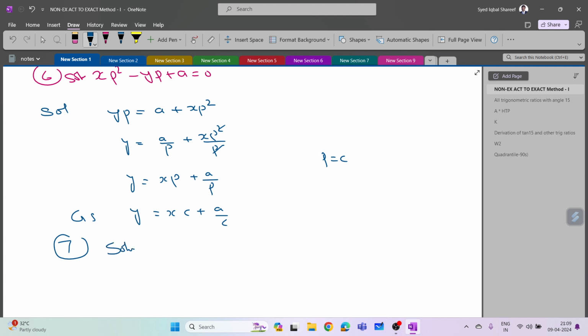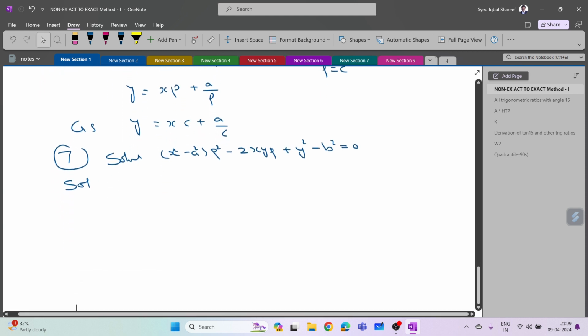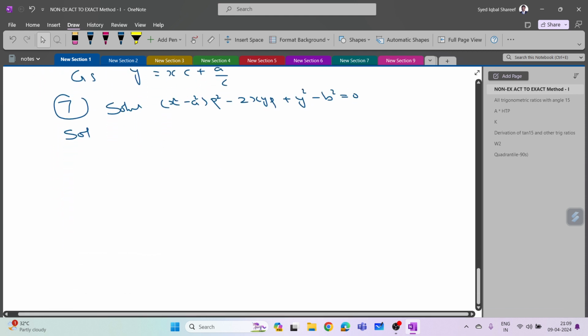Suppose the problem is like this: (x square minus a square) p square minus 2xyp plus y square minus b square equal to 0. Solve the Clairaut's equation. So first what we have to do is adjust. So I am adjusting, opening the bracket.